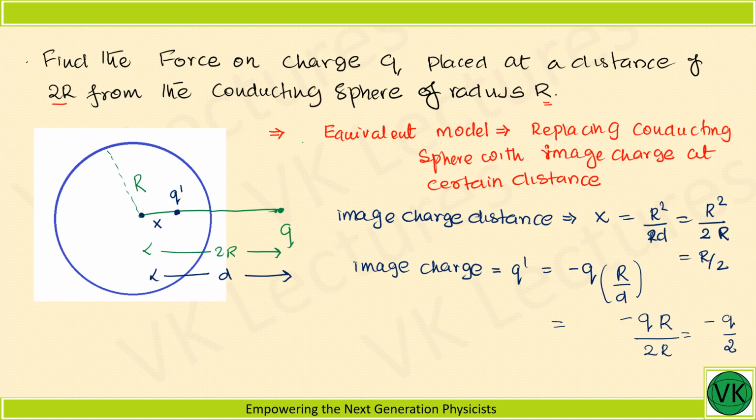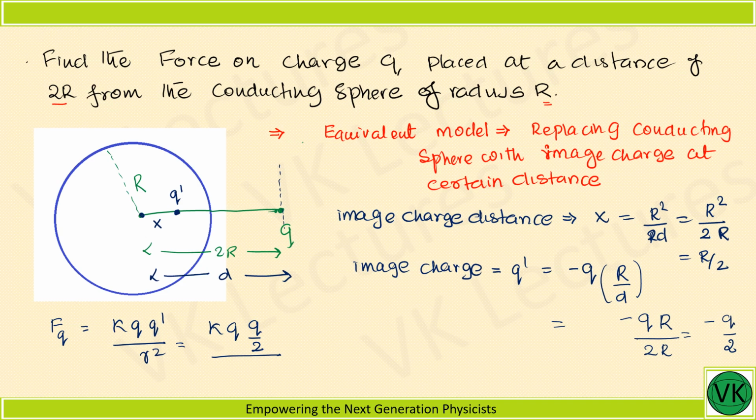So now the force on q is what is being asked, that means the force on this particular charge. Let's write F is equal to the force on q is equal to k q q dash divided by r square, where q dash is minus q by 2, or let's write the magnitude q by 2.